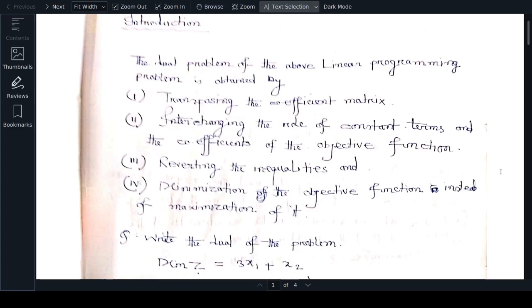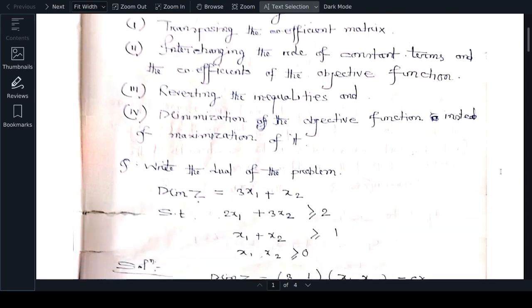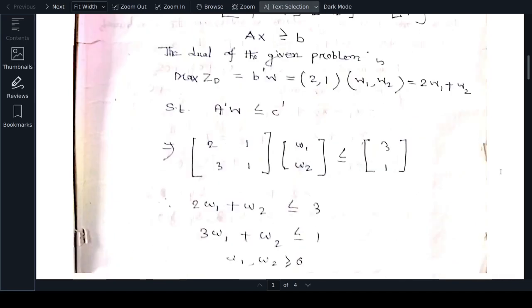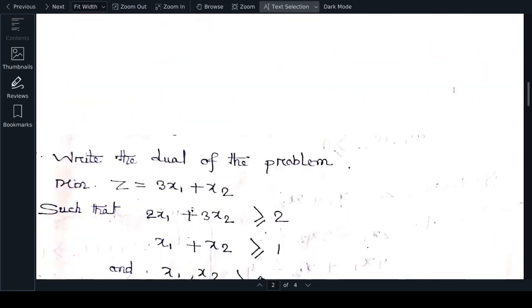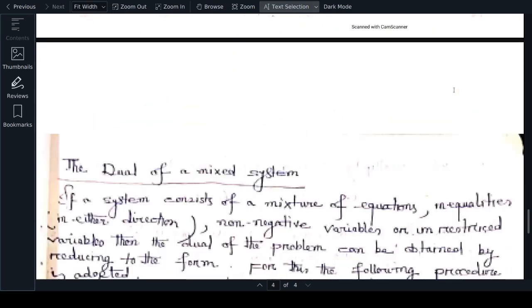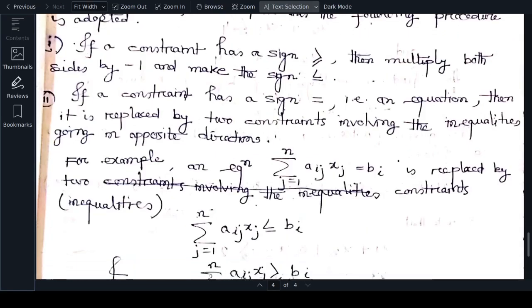Another thing: in the last page I have given the standard form of the primal. All of you find the last page, the standard form of the primal.